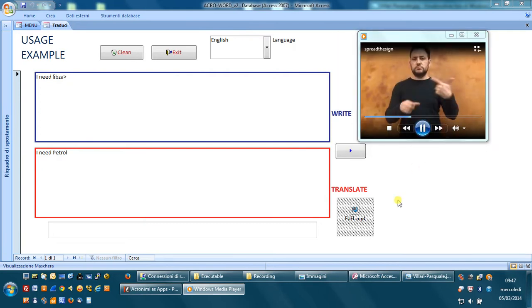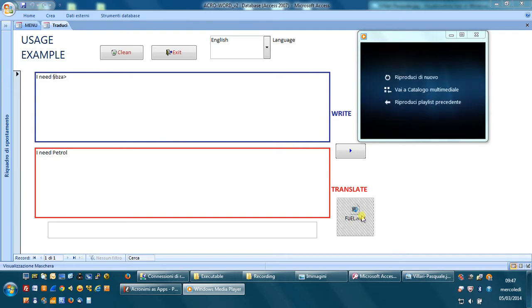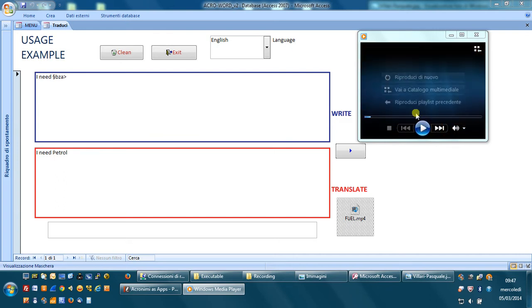This video can also become language dependent. So for instance, in the case of English we could attach a different video: for each language we can have a different video, where the word petrol in English will be represented in English sign language, instead of Italian as in this case.